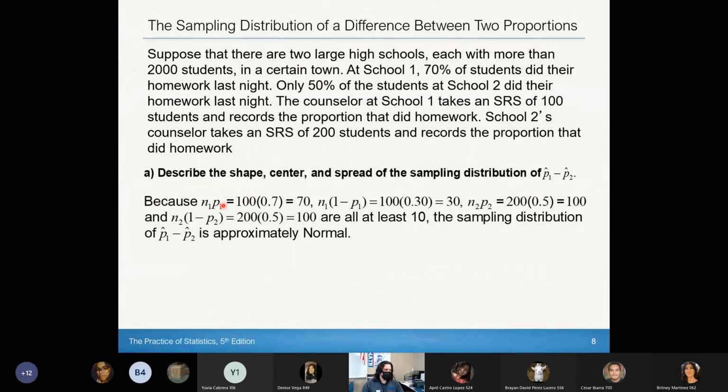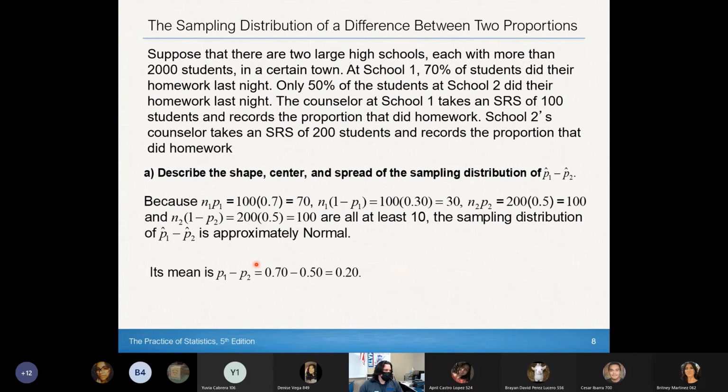Okay, so because there are 70 successes and 30 failures in sample 1 and 100 successes and 100 failures in sample 2, so they're both at least 10, the sampling distribution of p hat 1 minus p hat 2 is approximately normal. This comes first because then that allows us to find mean and standard deviation based on a normal distribution.